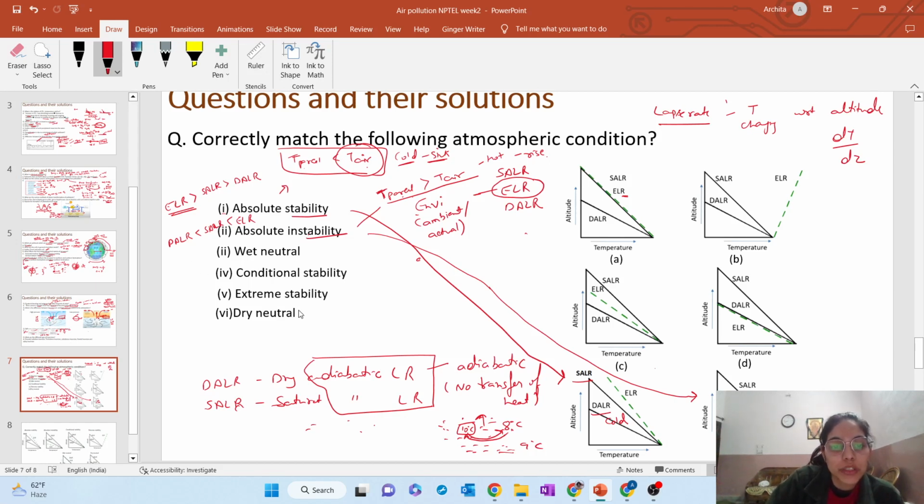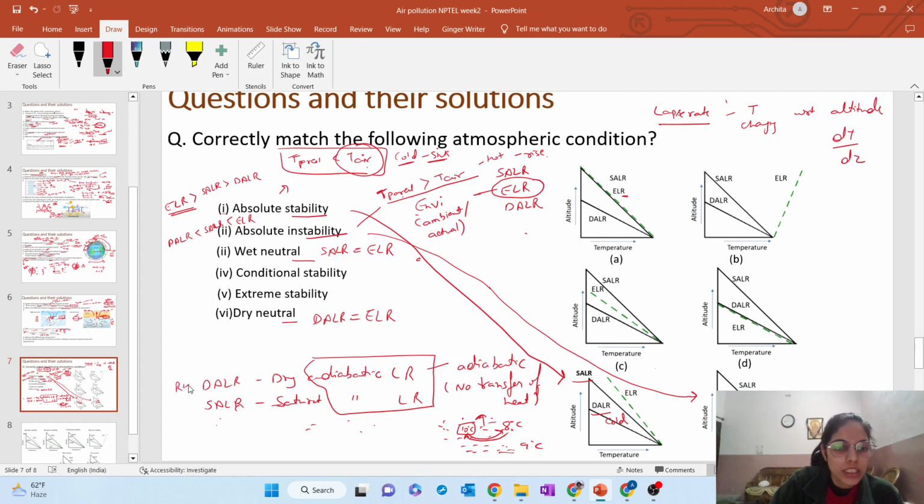Now, what is wet neutral and dry neutral? Neutral means that at least one of either the dry or saturated adiabatic lapse rate is equivalent to the ELR. Dry means the dry adiabatic lapse rate is equivalent to ELR, and in wet, the saturated adiabatic lapse rate is equal to ELR. They are nothing but the RH condition.